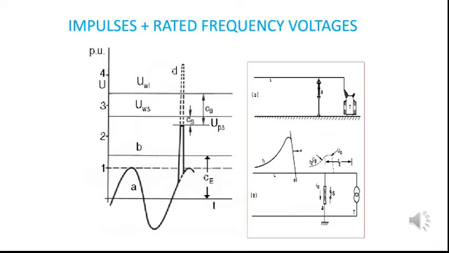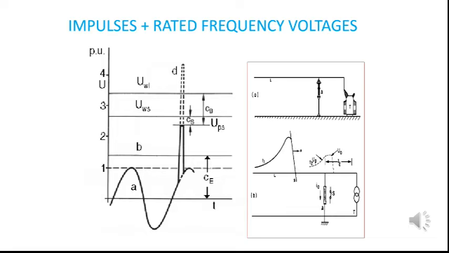Here in this interesting figure, you see more or less what happens when an impulse voltage is coming through a transmission line and trying to arrive at a transformer, which in this case is protected by a lightning arrester, as you can see on the right side of the figure.